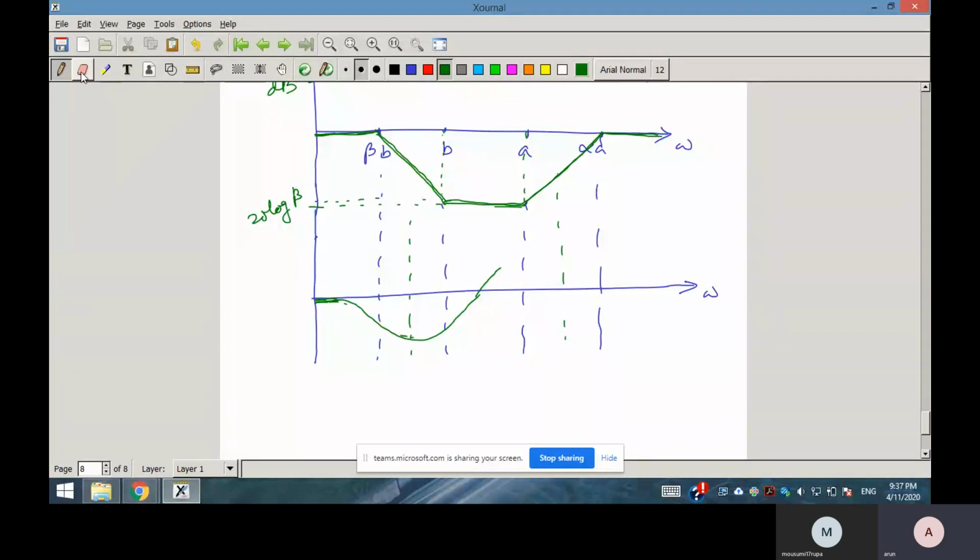Sorry, my drawing is not correct. Then it will go like this, and it will be like this. So your phase plot is like this.